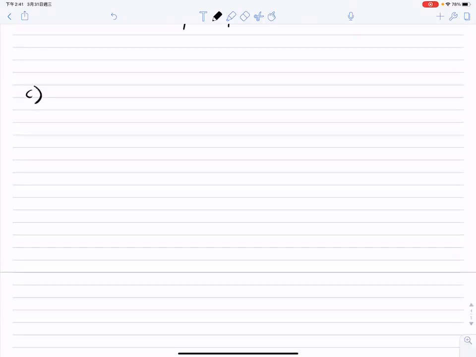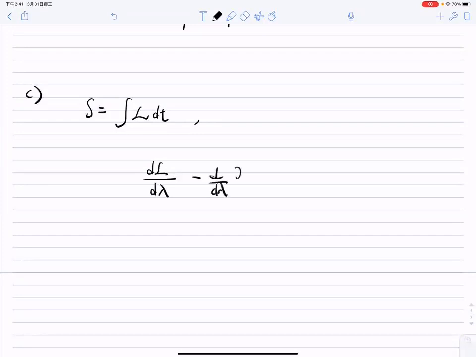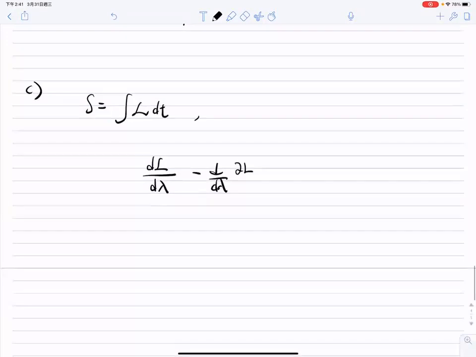So now I give you some time, like Part C. Use the Lagrangian approach. Now you have a Lagrangian and the Euler-Lagrange equation.